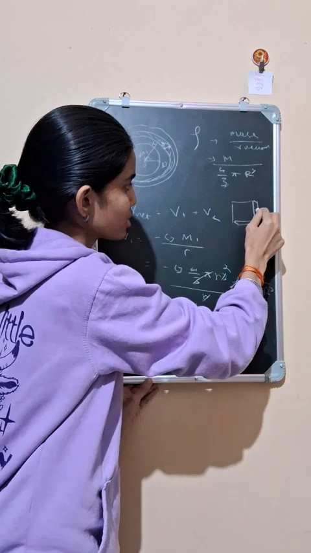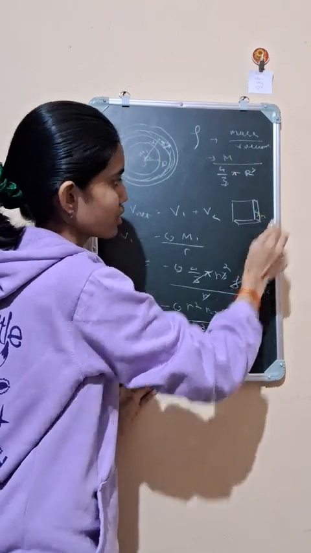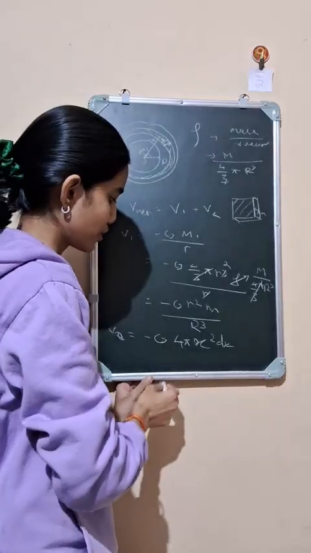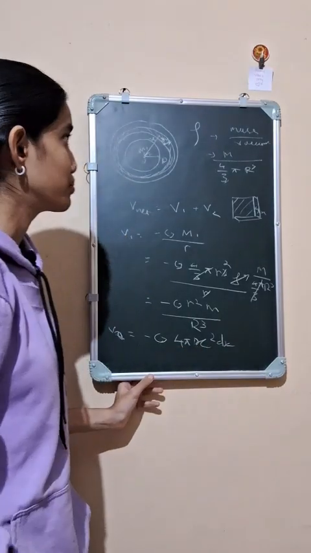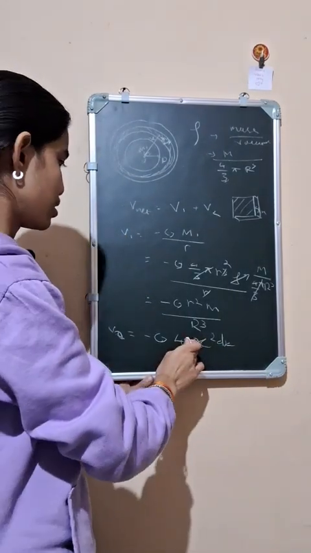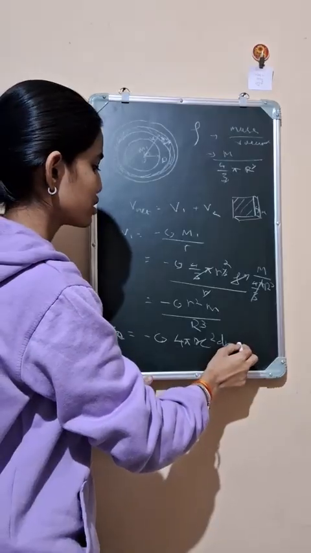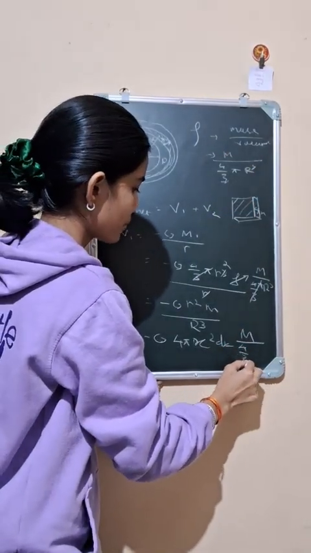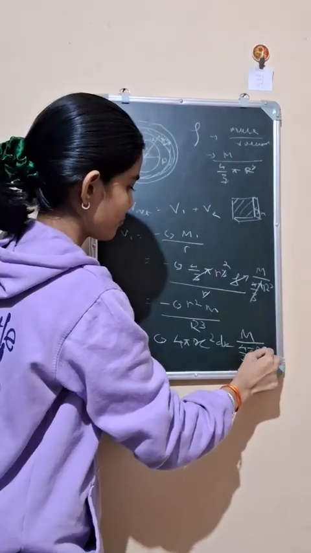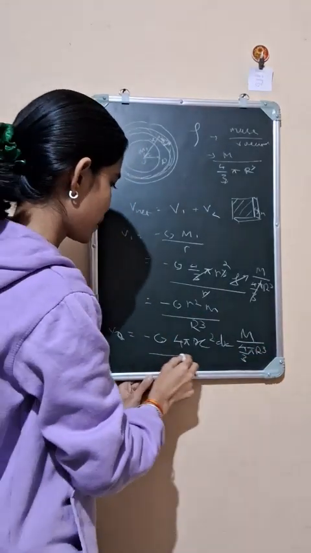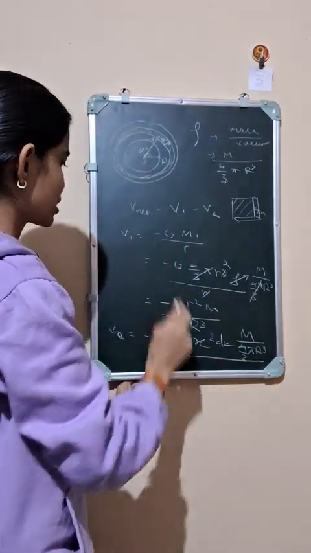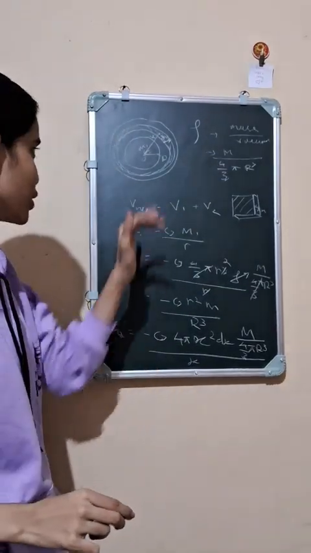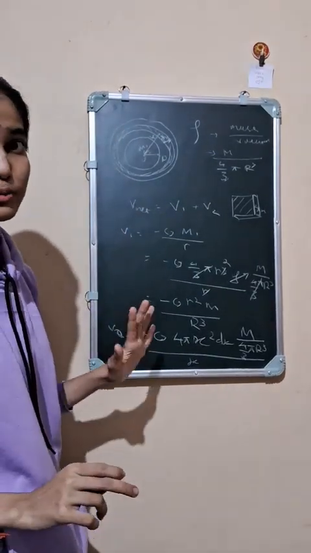This sheet has dx thickness and area of 4 pi x square. So here is the volume of the spherical shell, and volume multiplied with this rho. Rho means m by 4 by 3 pi R cube, by x will give us potential due to this elemental spherical shell.